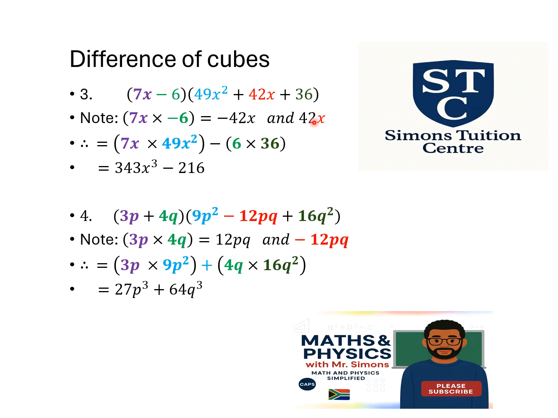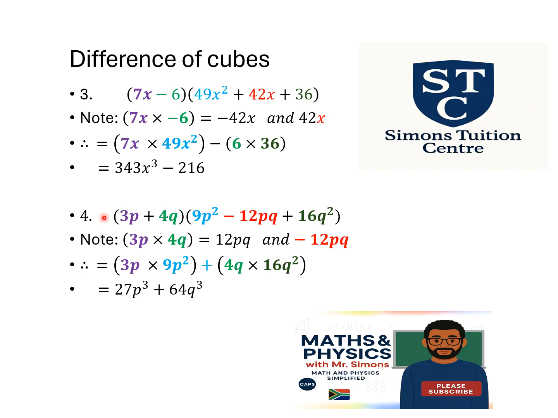Therefore, the middle term cancels, so I multiply first term times first term, 7x times 49x squared, and last term times last term, negative 6 times positive 36. So 7 times 49 gives me 343, x times x squared, x cubed. 6 times 36 would give me 216, negative.